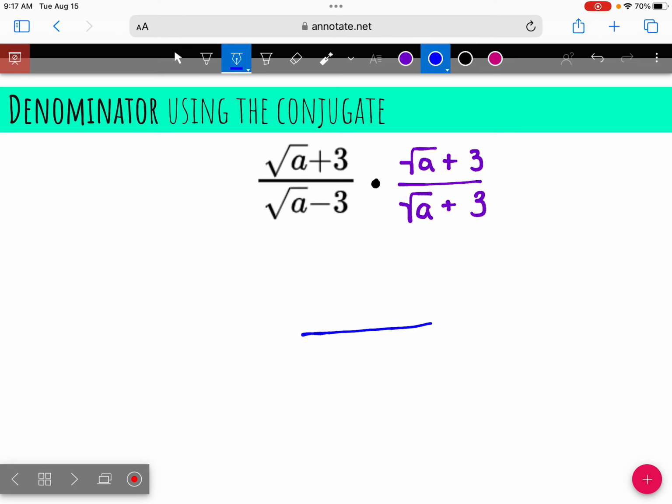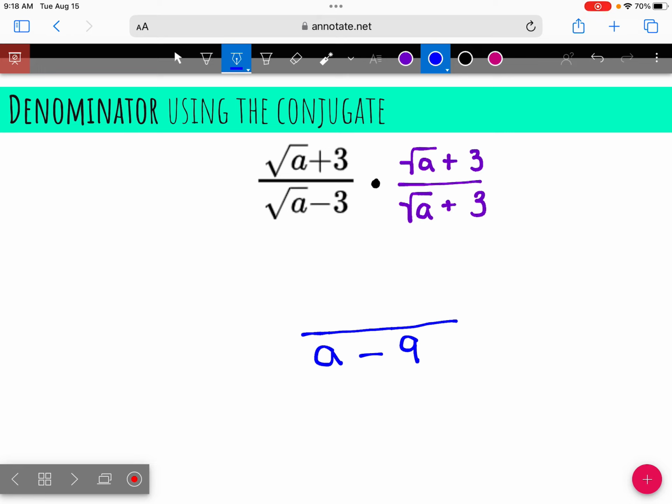When we do this multiplication, what are we going to get in our denominator? Square root of a times square root of a. A. My two middle terms are going to cancel out because it's difference of squares, because that's literally our design. What's our last term going to be? Minus what? 9. 3 times 3.